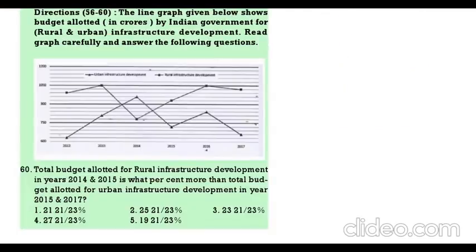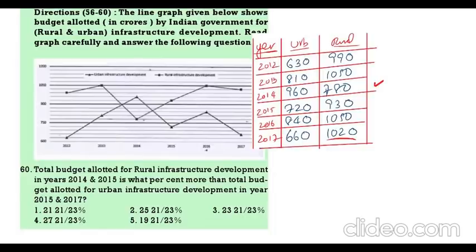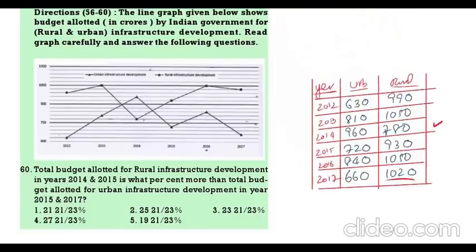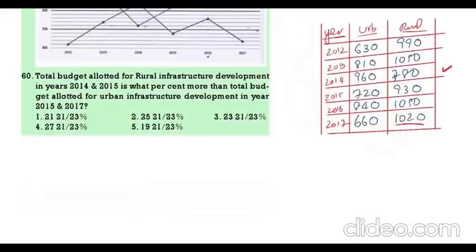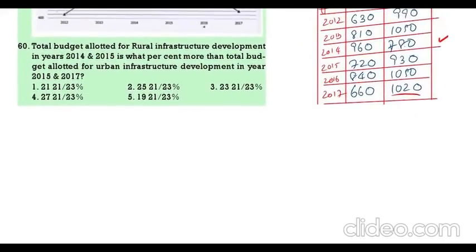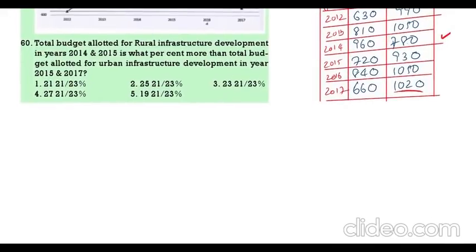Next, 60th question. Total budget allotted for rural development in 14 and 15.